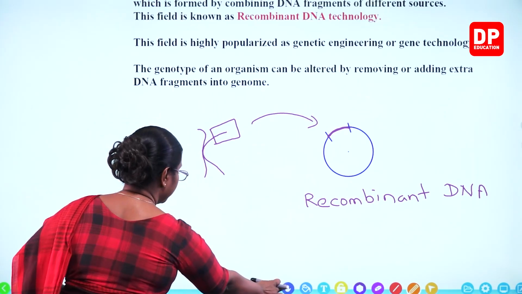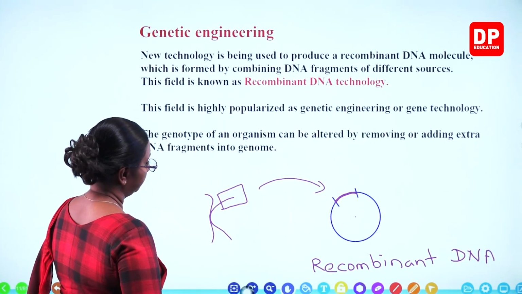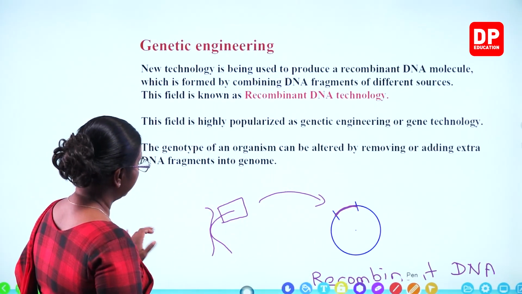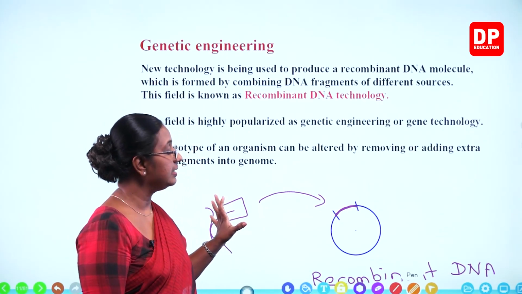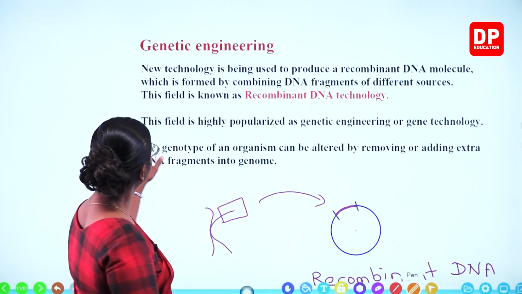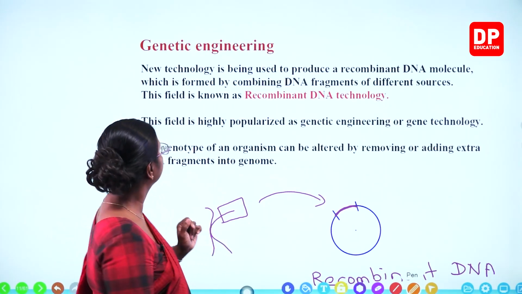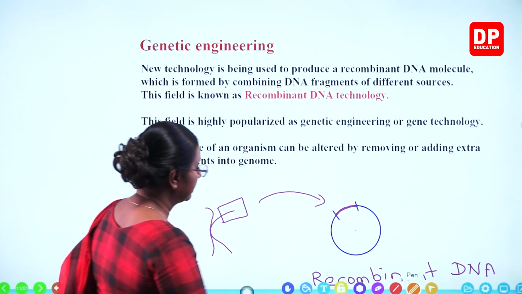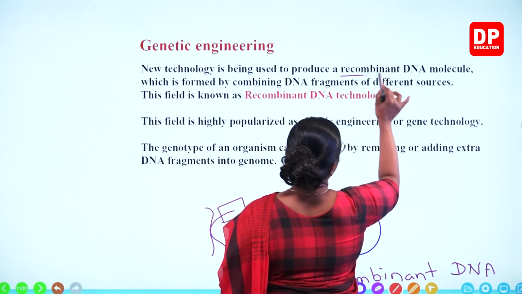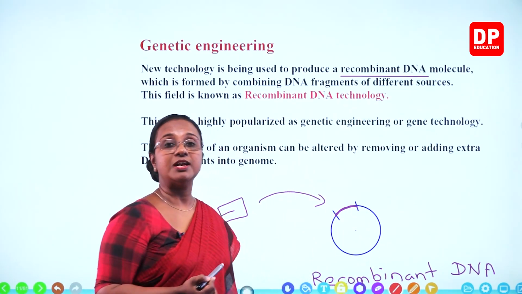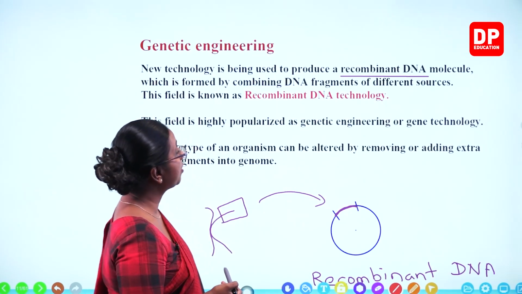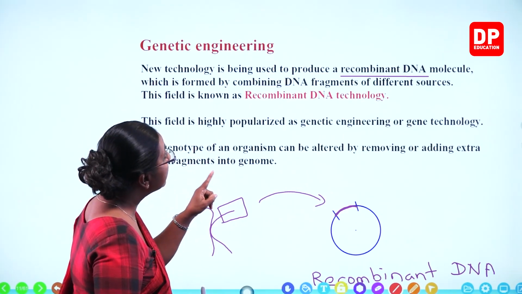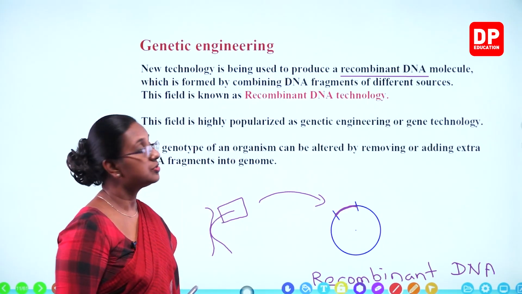So if I go back to the slide, okay. Genetic engineering. Here, recombinant DNA technology is part of genetic engineering. This technology is being used to produce a recombinant DNA. I explain what a recombinant DNA molecule is: it is formed by combining DNA fragments of different sources.